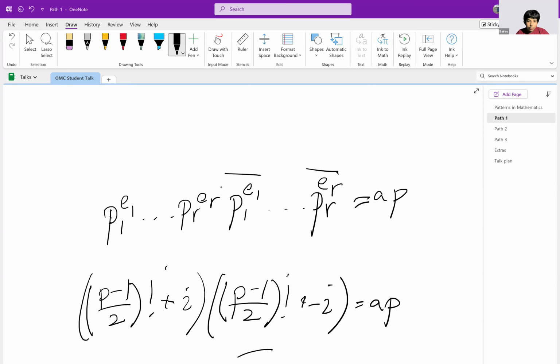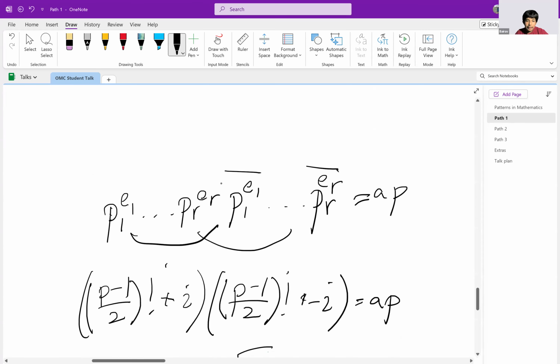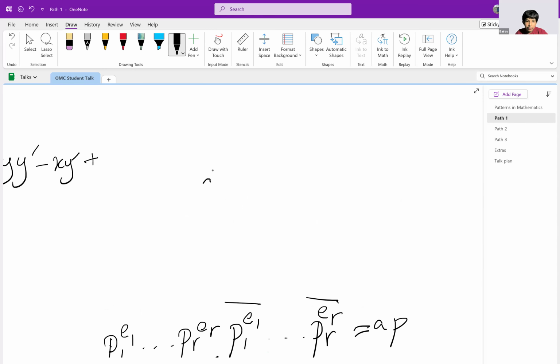We get a prime factorization of Ap, say q1 and so on.